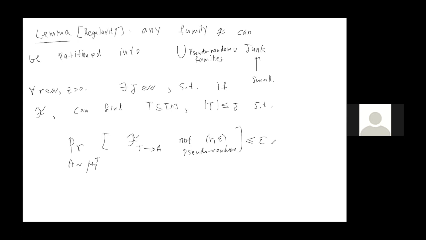If you've ever seen the proof of any regularity lemma, then you can guess that you define some potential function, and then you show that as long as you're not sufficiently pseudo-random, you can increase this potential function further. And this is indeed the way it is proved. But we'll use it as a black box.